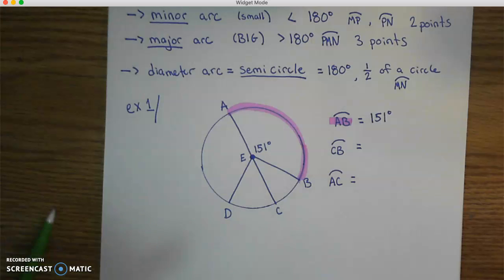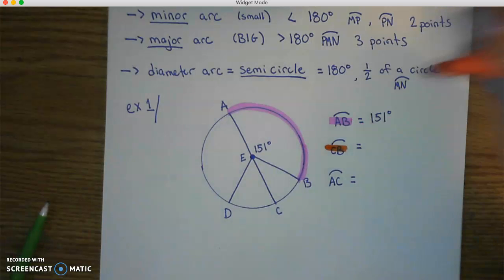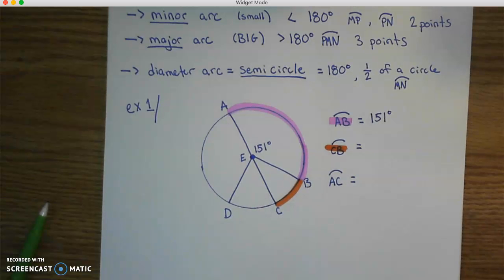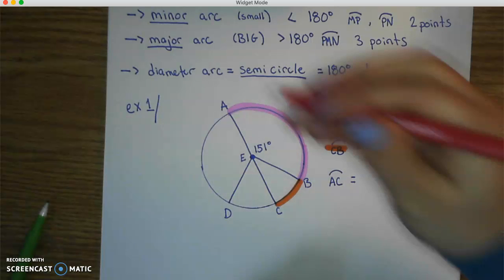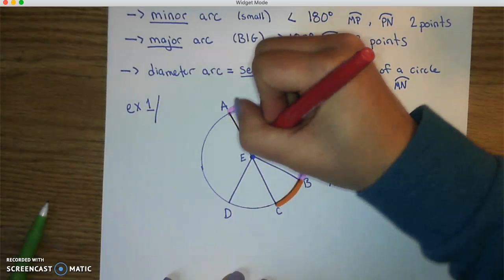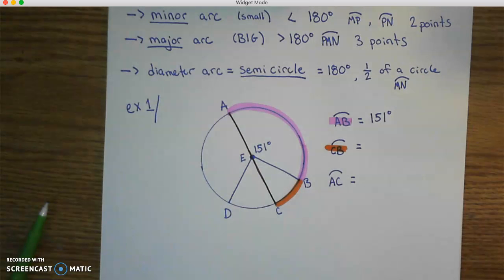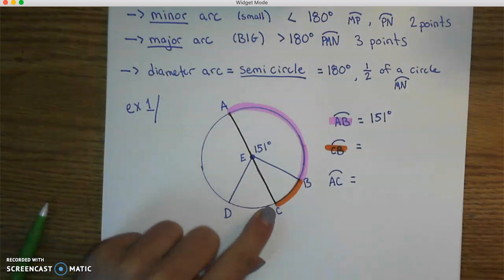Next up, we have arc CB. That's right here, CB. How can I find this? What do I know? You might notice I have this line. This is my special diameter line. This means it's a semicircle.